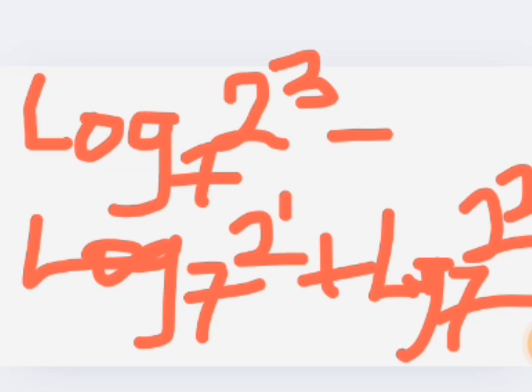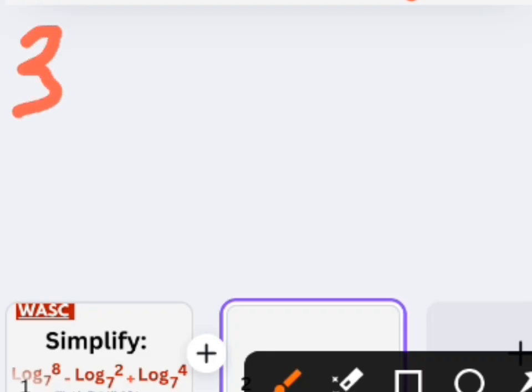Because of this, the next thing to note in logarithm is that once you have something like log 2 base 7 raised to the power 3, it's the same thing as saying 3 log 2 base 7. You understand?